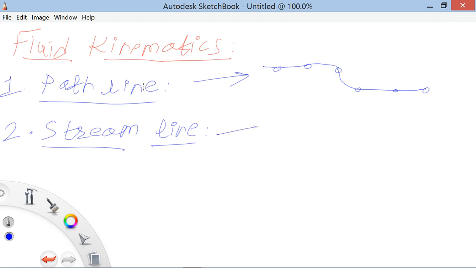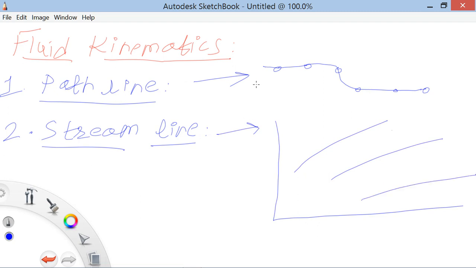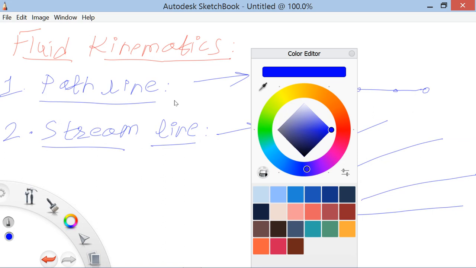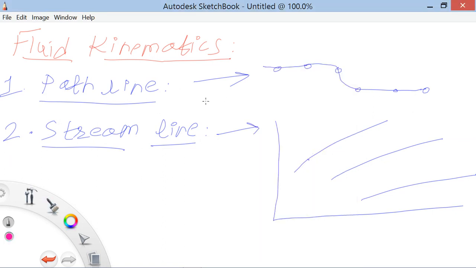This can also be explained in a simple manner. Suppose these three particles are flowing through these three paths, then this will be the tangent drawn to the first path, this will be for the second path, and this will be for the third path.